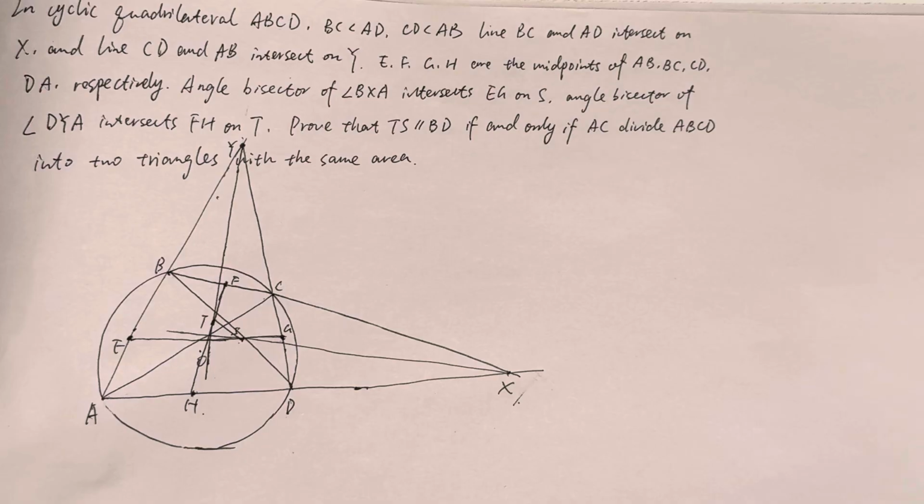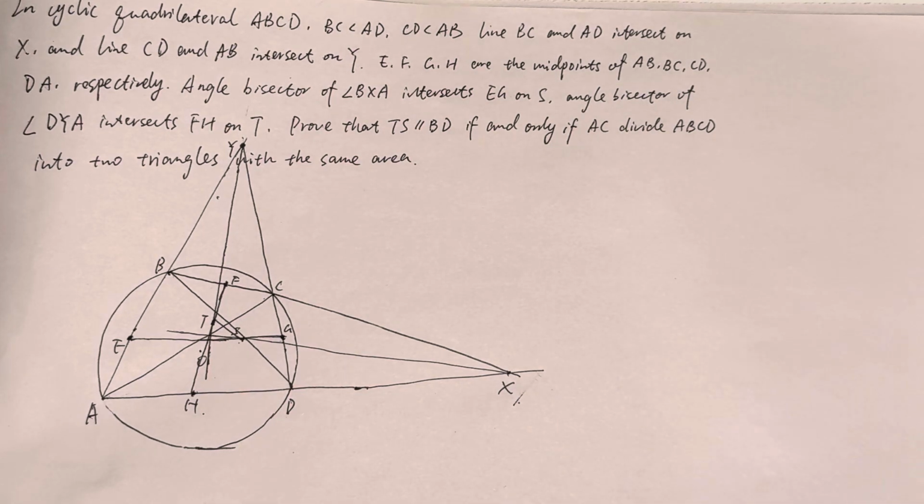Now let's put this aside. Let's consider how we can find the breakpoint of this problem. The breakpoint is that we want to prove that if and only if AC divides ABCD into two triangles with the same area. So let's start from here.